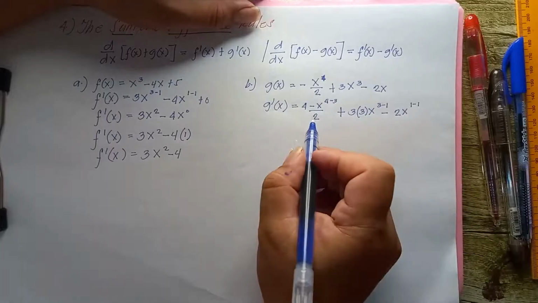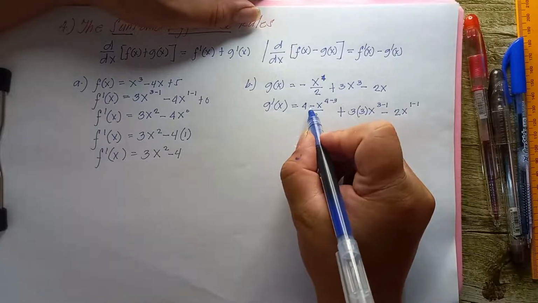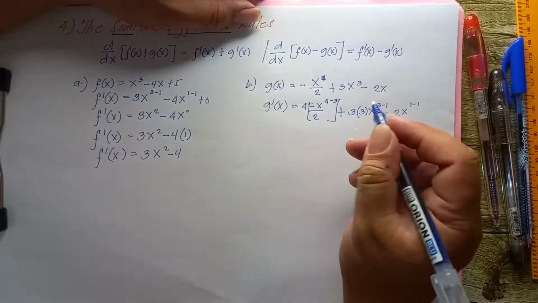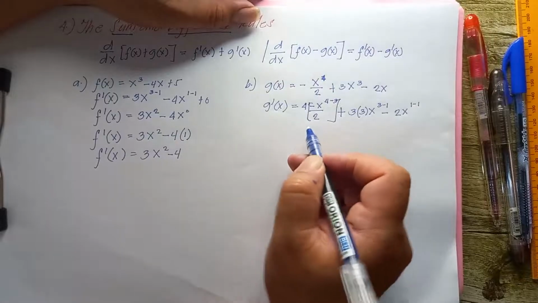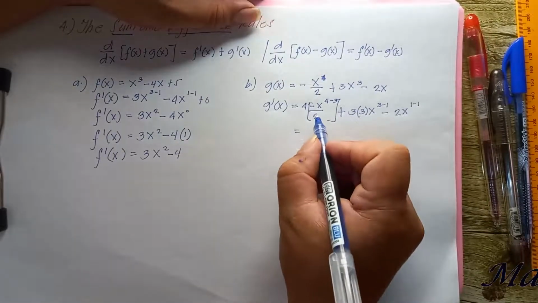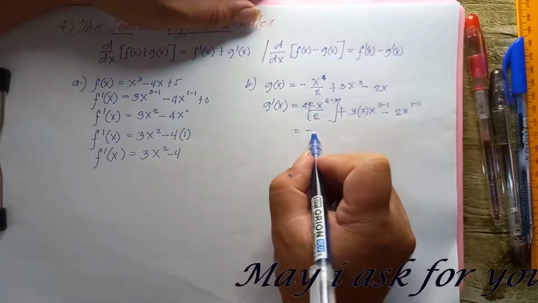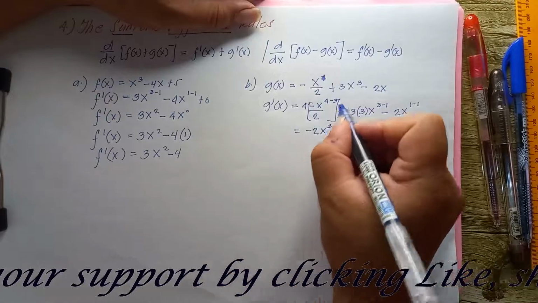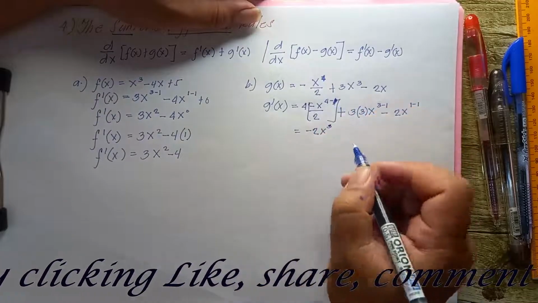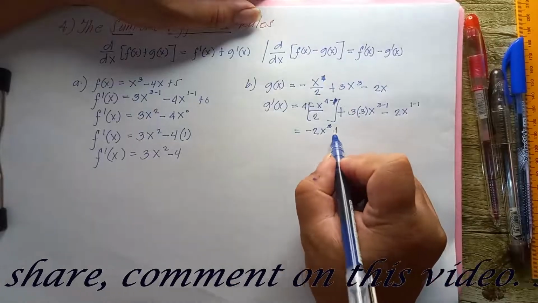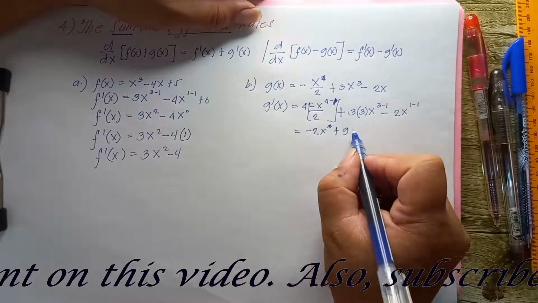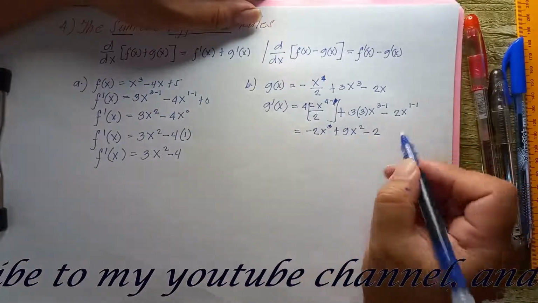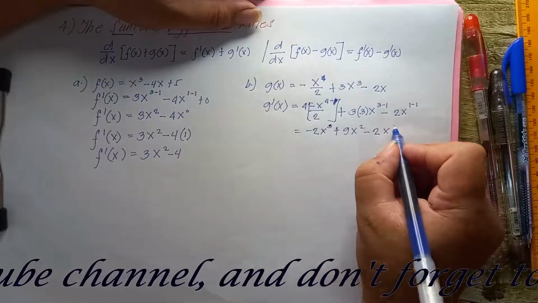You will notice that this is multiplication. So 4 divided by 2 is 2, and 2 multiplied by negative is negative 2x raised to 3. I'm sorry, this must be 1. Plus 9x raised to 2 minus 2x raised to 0.